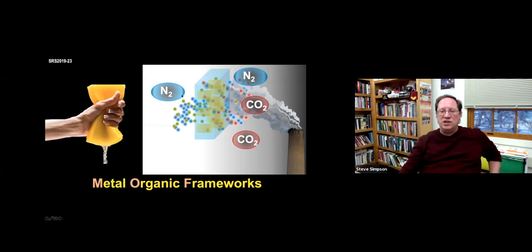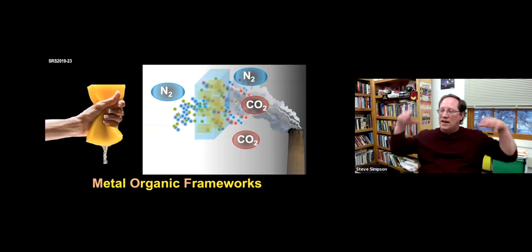This material that she was developing, she was arguing that it was soaking up the carbon dioxide like a sponge. So she had this metaphor of a sponge. She has an image of a sponge, and then another image of the MOF actually absorbing this carbon dioxide. That was the image that she wanted people to remember and to visualize, and that's what she had up behind her when she was talking.